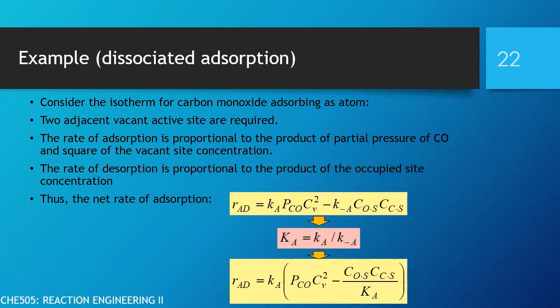So, in this case, r_AD equals k_A P_CO C_v squared minus k_-A C_CO·S C_C·S, right? And then relate it with the equilibrium rate constant, then you will get the net rate of adsorption as the last equation here: r_AD equals k_A (P_CO C_v squared minus C_C·S C_O·S over K_A).